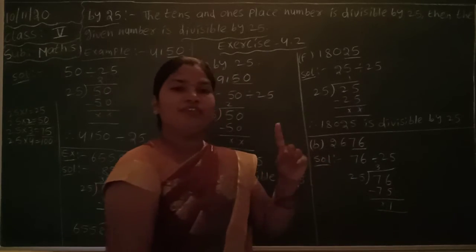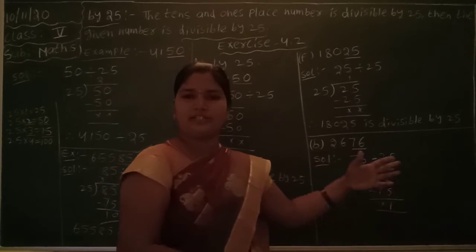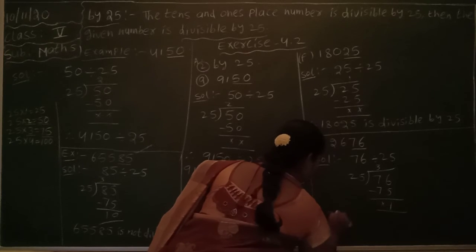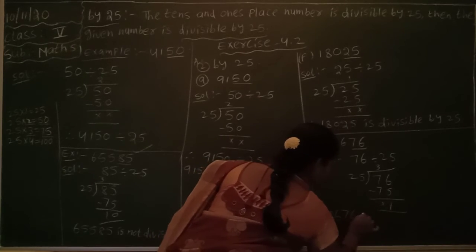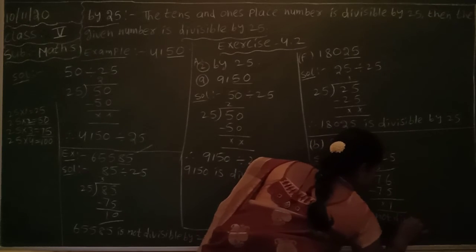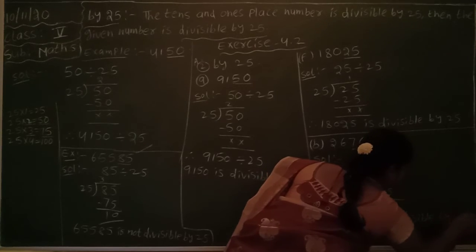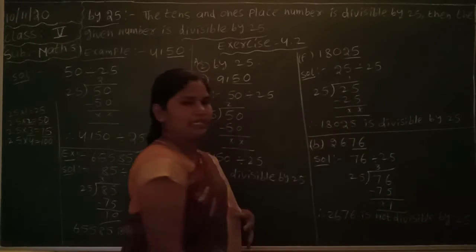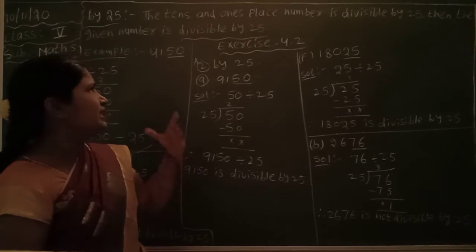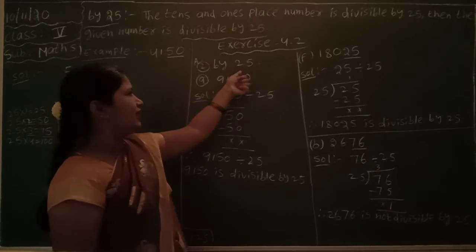Here you get 1 as a remainder. If you get any remainder, the number is not divisible. So, therefore, 2676 is not divisible by 25. Like this, you have to finish the remaining questions in Exercise 4.2, second bit, by 25.